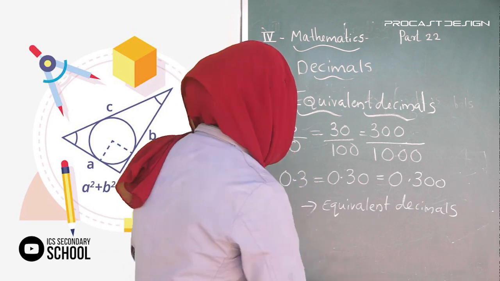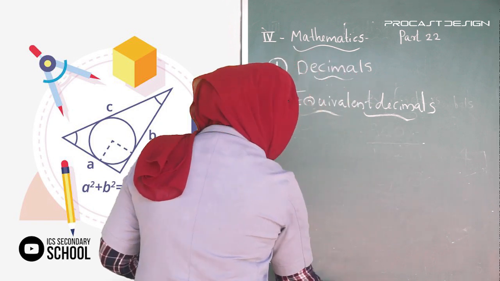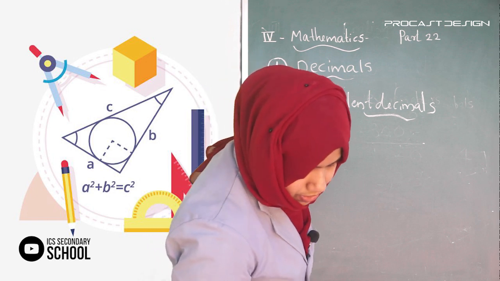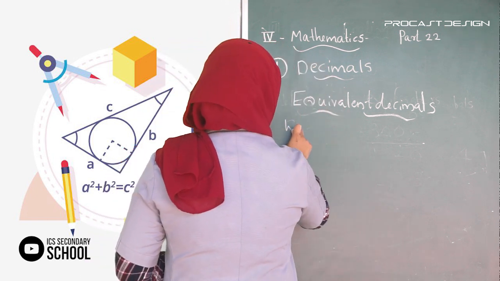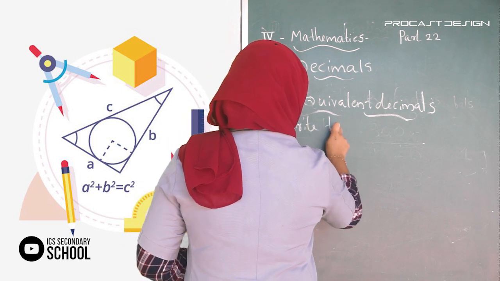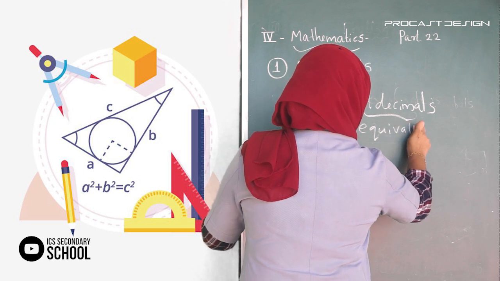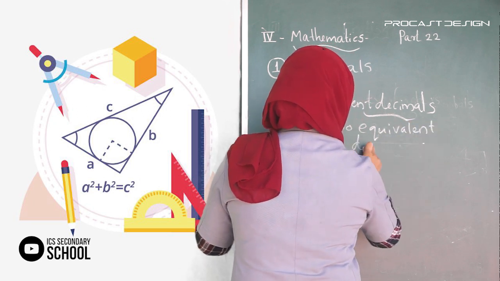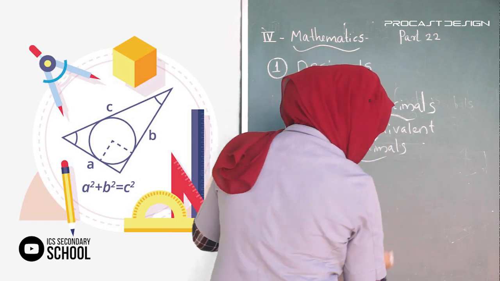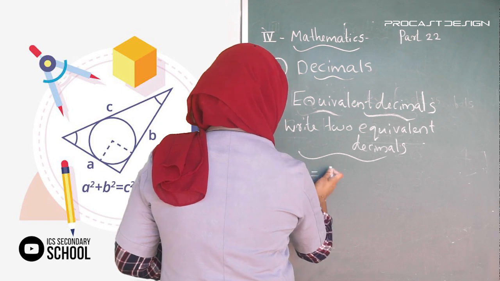Okay, so we have to write some equivalent decimals. Write 2 equivalent decimals for the following. Questions are 0.2.